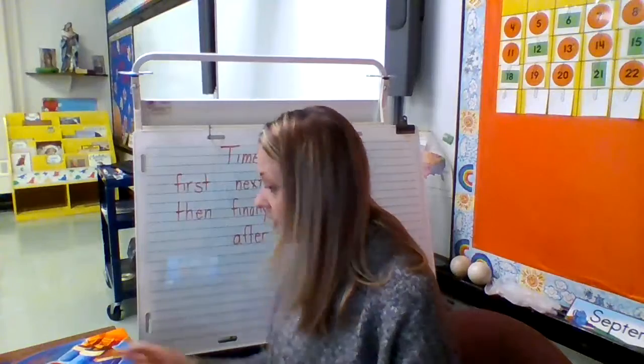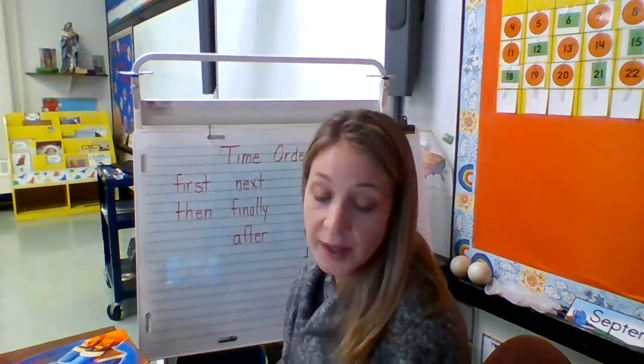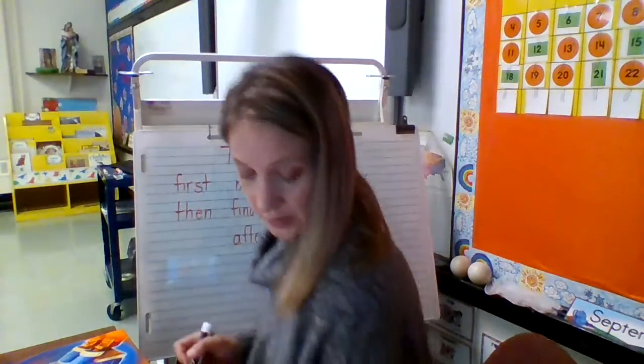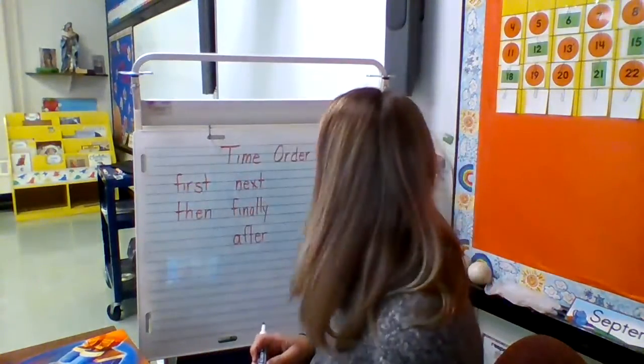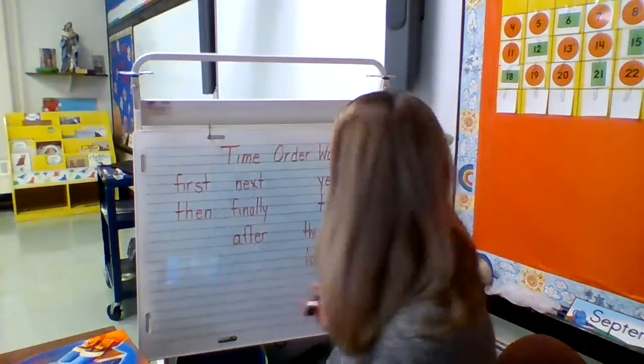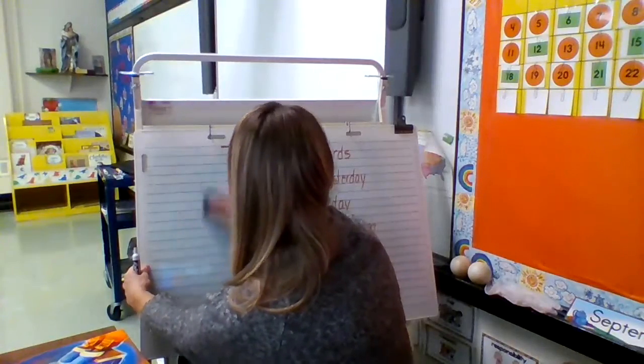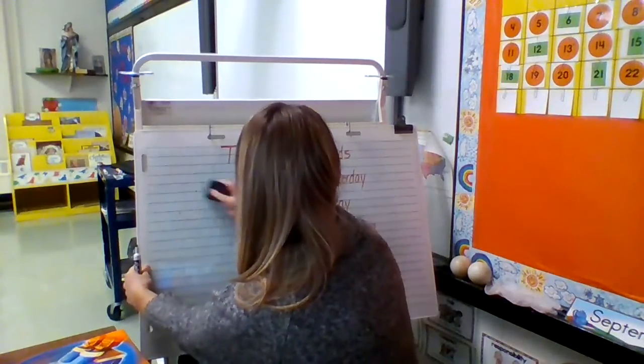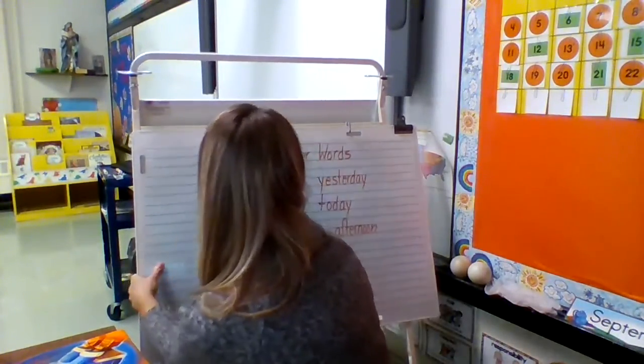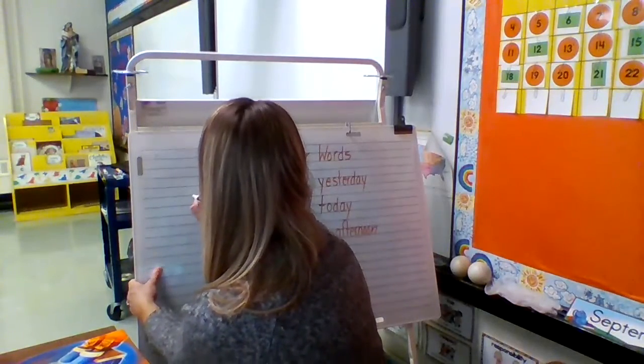So, can you think of a few other time order words that you might use when you're talking about things that happen in your life? Sometimes I will hear second graders say that they get to do something soon. So you might think of the word soon.